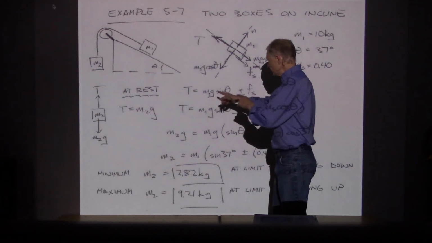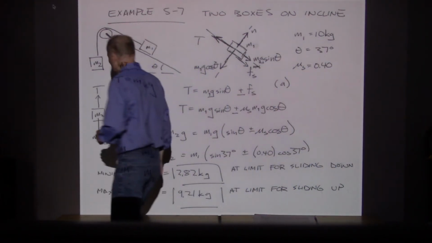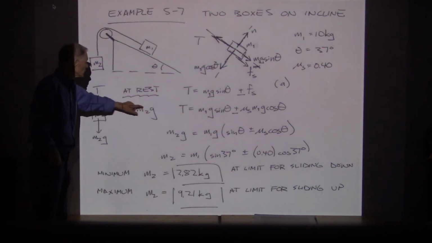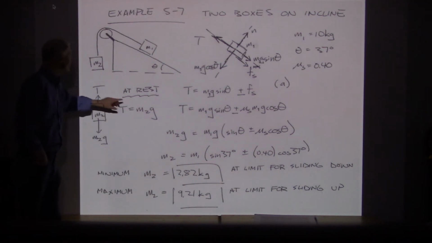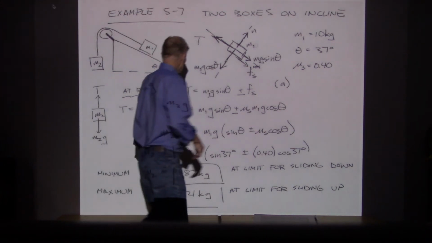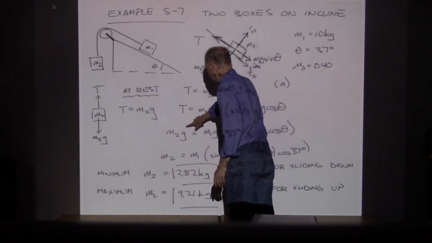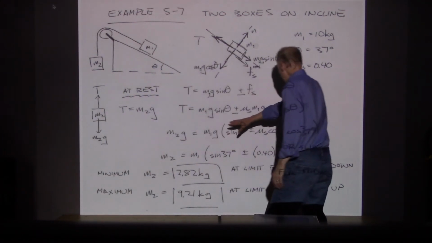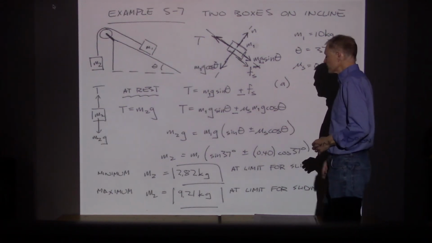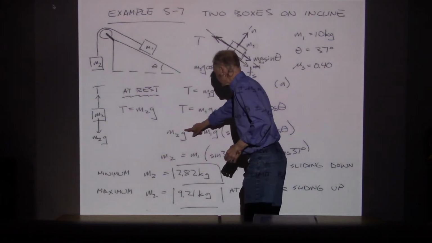And so tension can be substituted with M2G. Tension equal to M2G would say that there's no acceleration. So I've substituted that expression in and set it equal to the whole tension expression. Now the G's are canceling out.